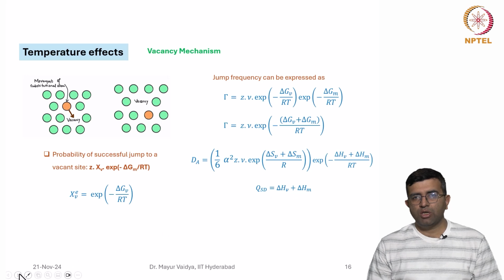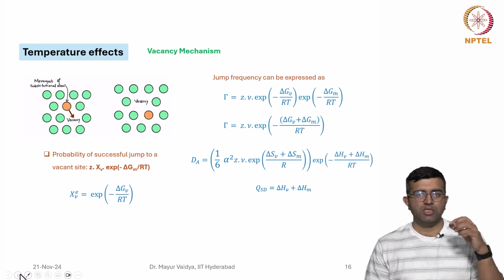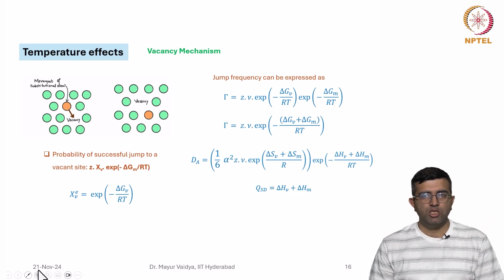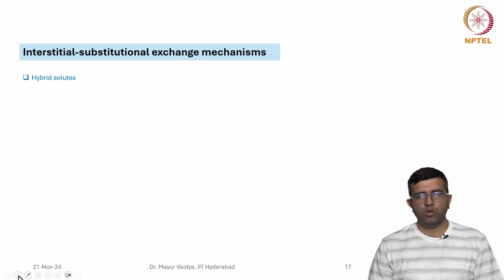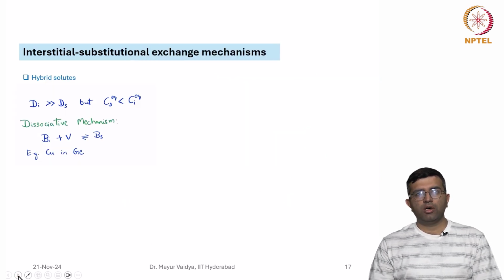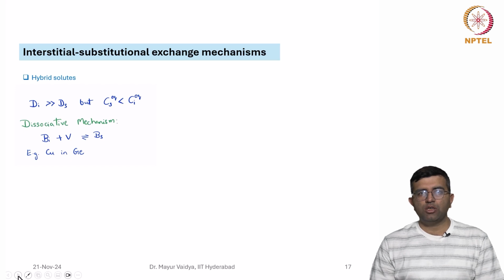So this will also give you a hint to the previous question that I asked, which mechanism you expect to be slower. Remember, in the case of Qi, it was only delta Hm, but in the Q of the vacancy mechanism, the delta HV term also comes into the picture. Then there are also interstitial-substitutional exchange mechanisms.